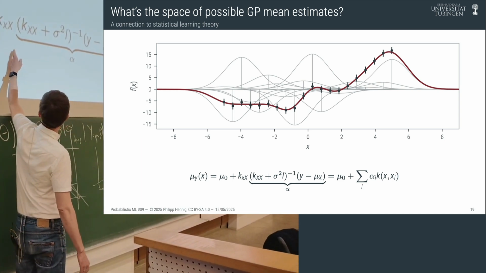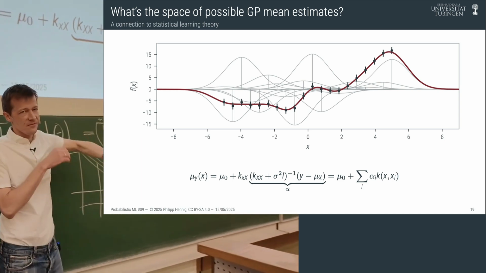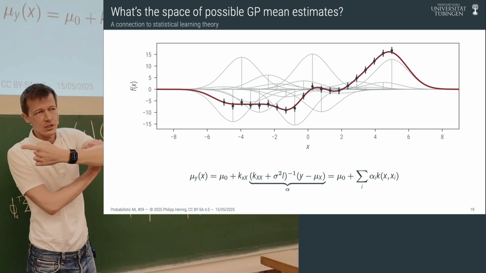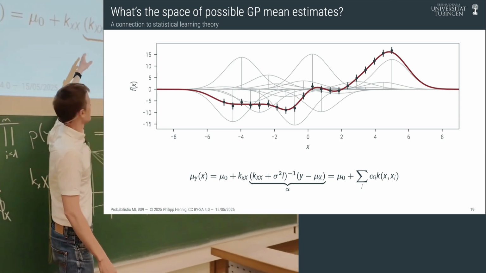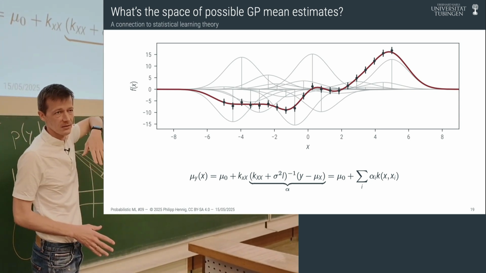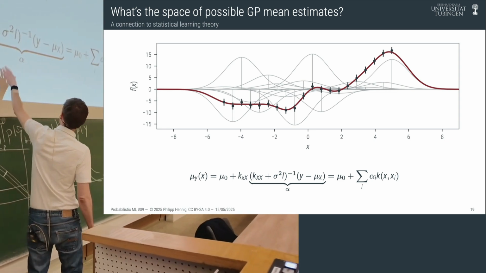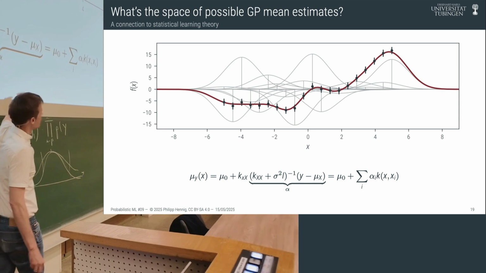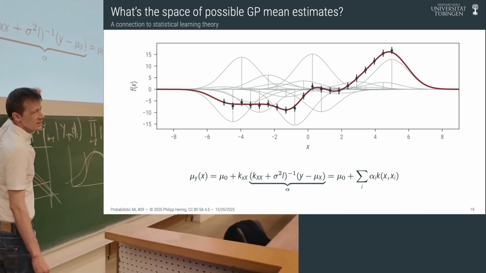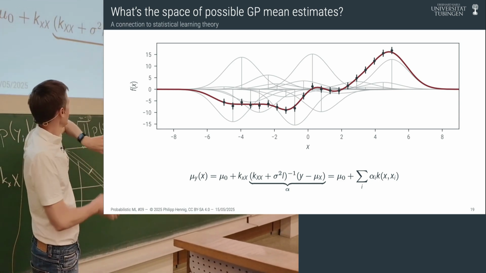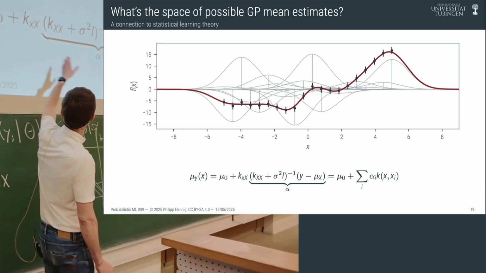On the left-hand side, it's a function-valued object that I can instantiate wherever I want. And on the right-hand side, it's a finite object that takes the training data points in. And then I get this multiplied by a finite matrix and a finite vector. So vector times matrix is a lot of computation going on, but it's just going to be a vector. So let's give a name to this vector.